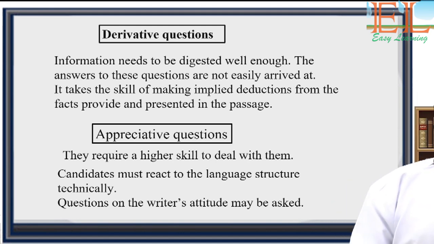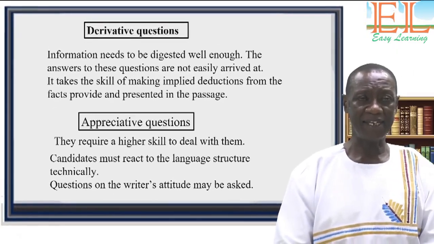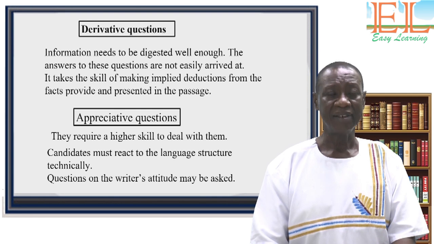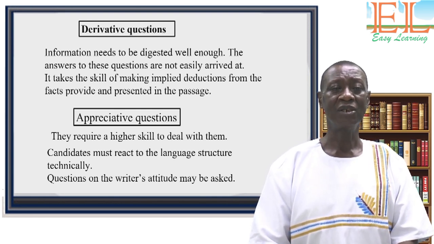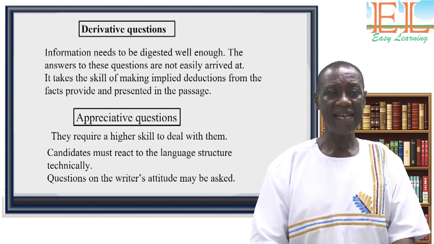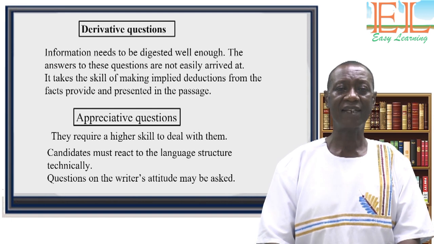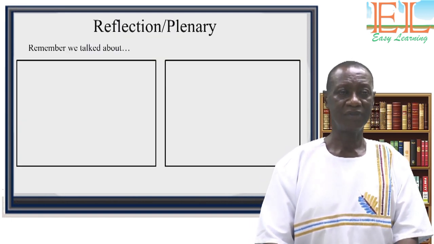Now, we've looked at a lot of these questions. Remember what I told you from the beginning, that questions will be asked based on these structures. And different type of questions will be asked in any examination that you come across. But let's take a reflection or the plenary session of what we talk about.